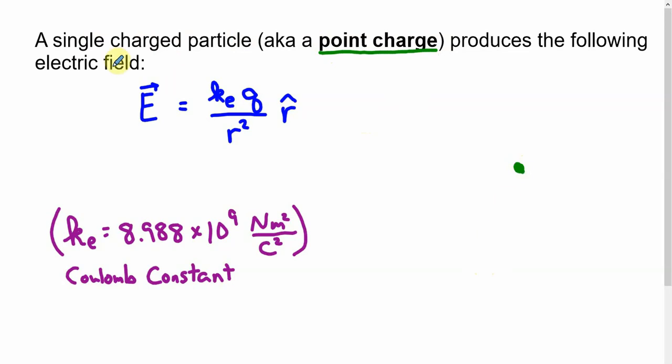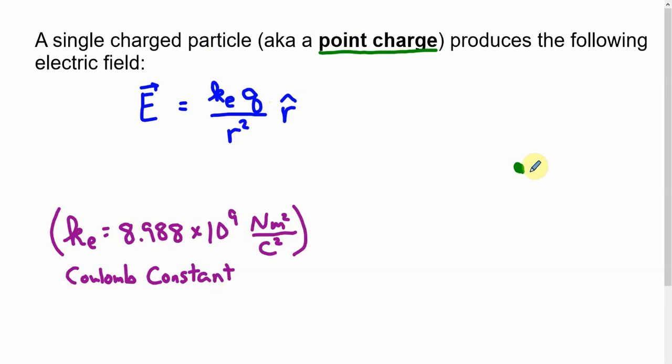It will produce an electric field, and here is the formula for it. It's a constant Ke. So Ke is this number right here. It's a big number, times 10 to the 9th newton meters squared per coulomb squared. This is known as Coulomb's constant. So there we go, times the charge of the particle we're talking about, divided by r squared.